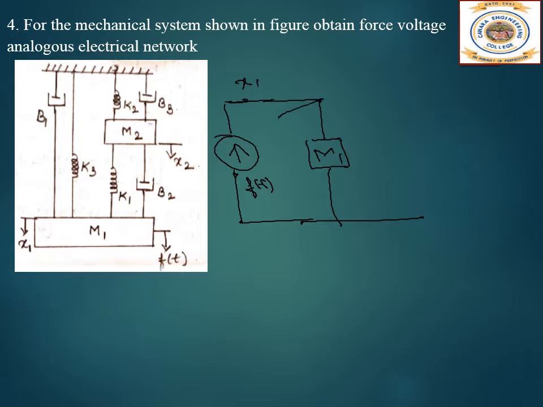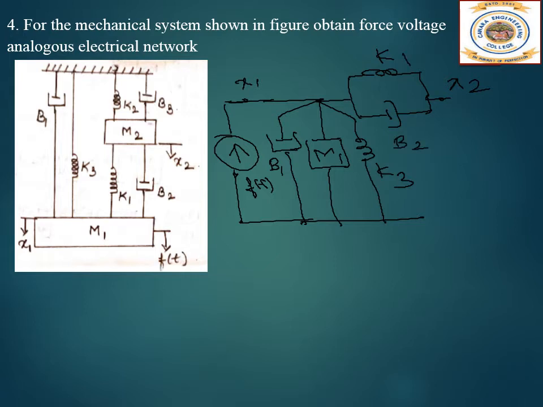Then we have this B1. Then also we have K3. Then here is node X2. Between node X2 and X1, we have already seen K1 and B2 is there. So this is K1 and this is B2.